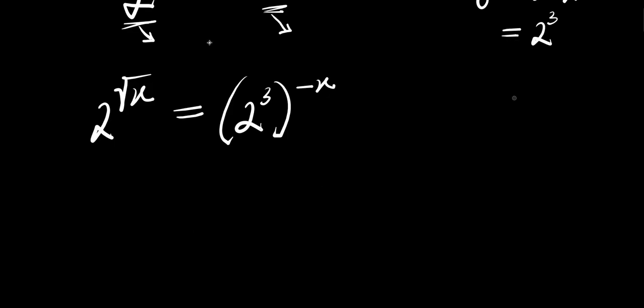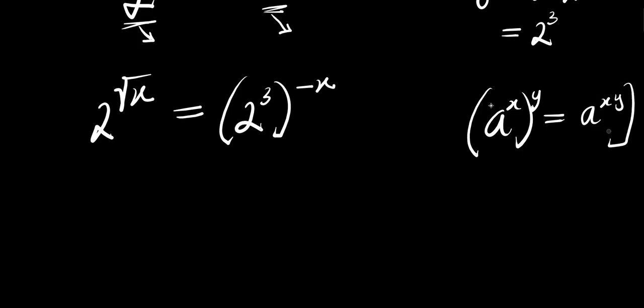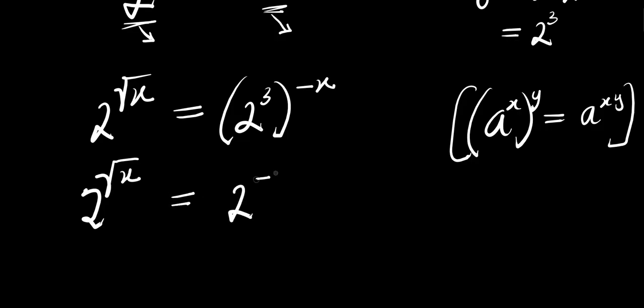So, if you have a power x to the power of y, this equals a power x times y. We have 2 power square root of x equals 2 power, this is negative 3x.